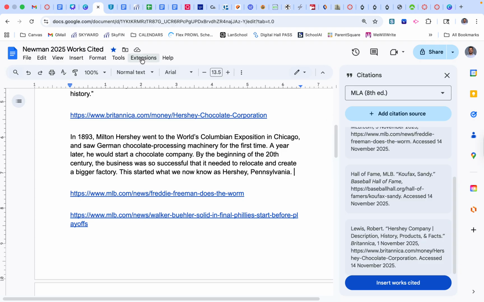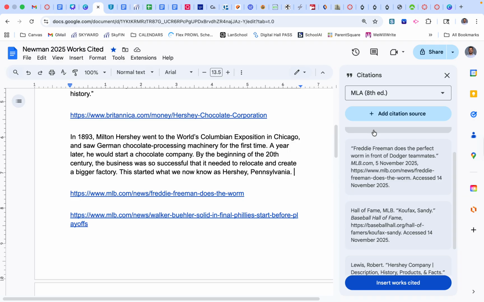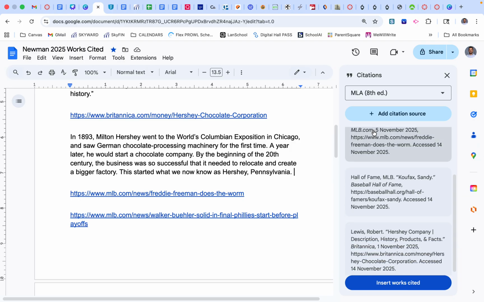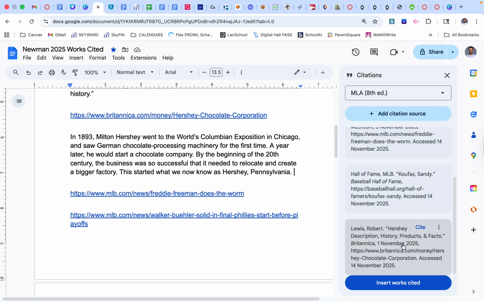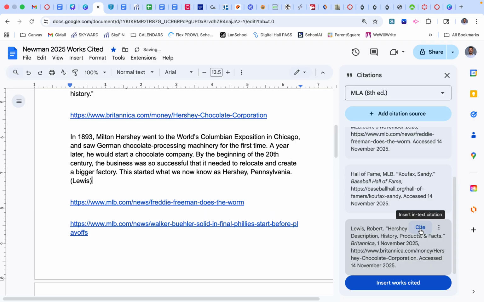So you can just put the person's, whoever wrote it, their name in parentheses, but you also can come over here to citations, and you need to look for which citation this is referring to. So, here's my one about Hershey, and there's this button at the top right that says Cite. So if you hit Cite, insert in-text citation, and click on it, it does it for you. And so that's really helpful, and why I have you use Google Docs as well, because it can help you with in-text citations.